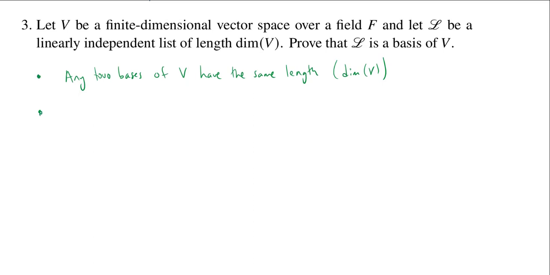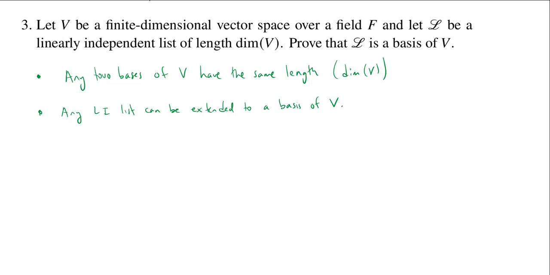The second fact is that any linearly independent list can be extended to a basis. We can add more vectors to the end of it, and eventually we're going to get a basis, as long as we do it smartly. So any linearly independent list can be extended to a basis of V.